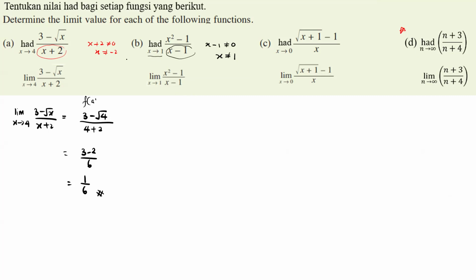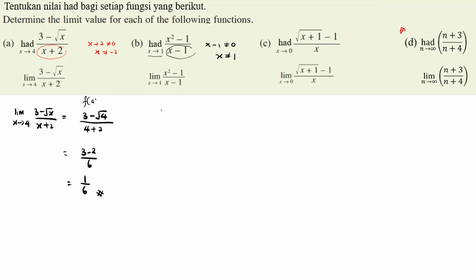No solution also, they have to think of a solution. How? I cannot substitute x equals 1, so I find the nearest point possible. I write x approaches 1, but not 1. But how do I do it? I can't just substitute any value like 1.1 or 0.999. It's so time consuming. So what we do is, we will do like this.